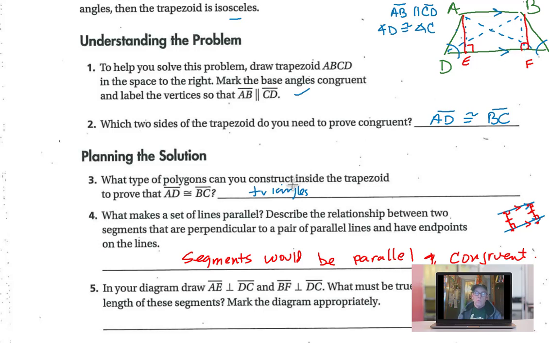So we drew those two in there. What must be true about the length of the segments? Segment AE is congruent to segment BF. Put 3 marks on them. Those are made congruent.